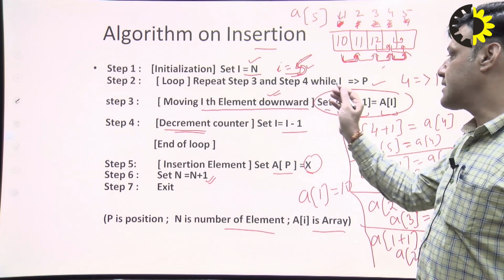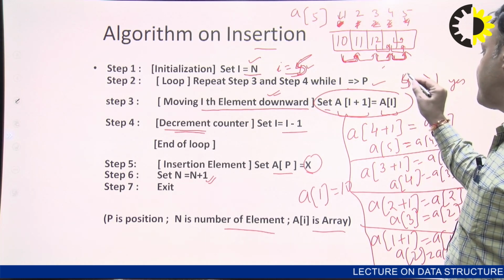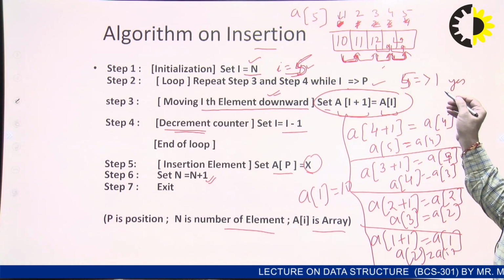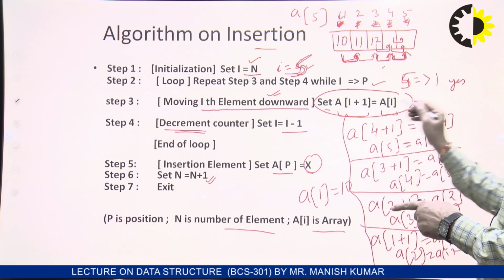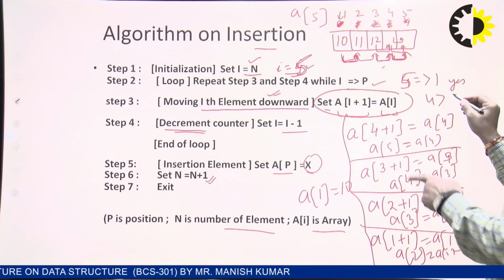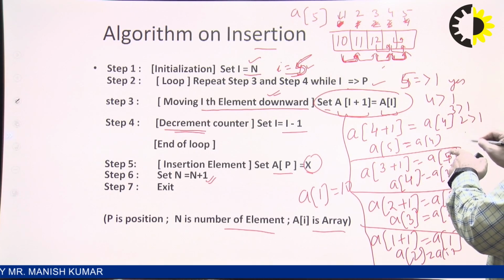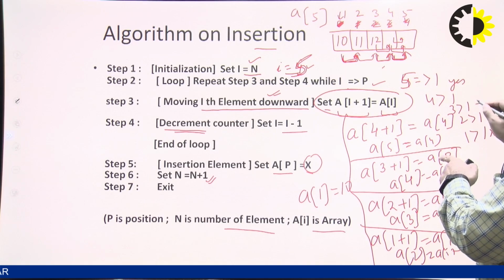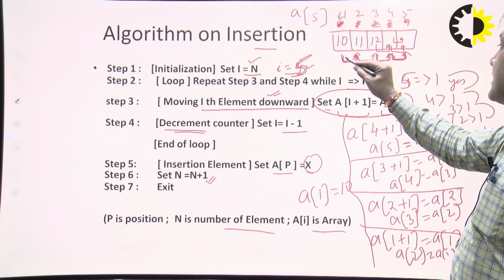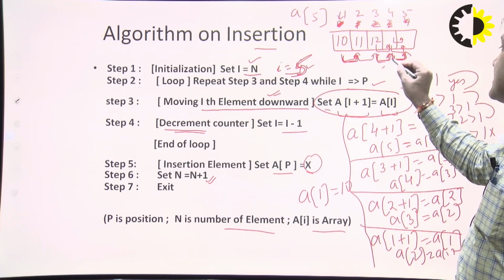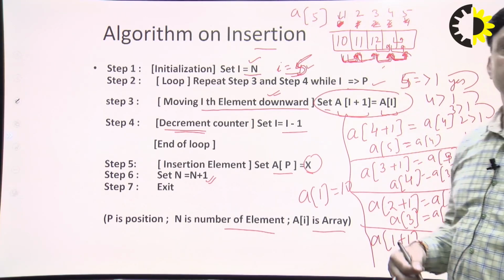How are we going to set the counter? We will check whether the value 5 is still greater than 1. Yes. Then again, i is equal to i minus 1. 4 greater than 1, 3 greater than 1, 2 greater than 1, 1 greater than 1? No. The elements 1, 2, 3, 4, this link will be established here. Okay, this is how insertion takes place.